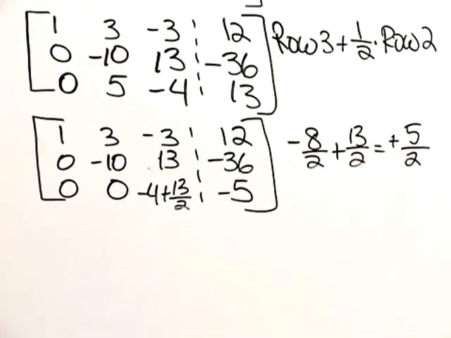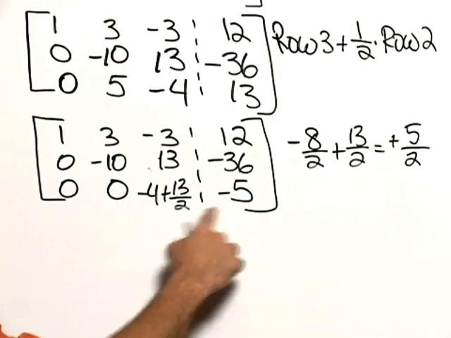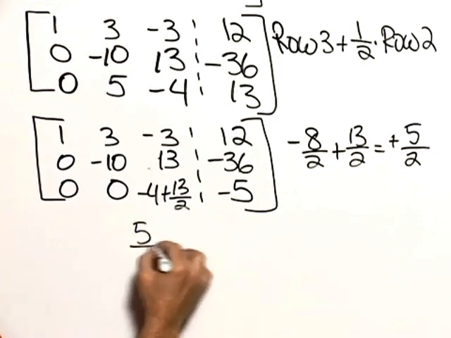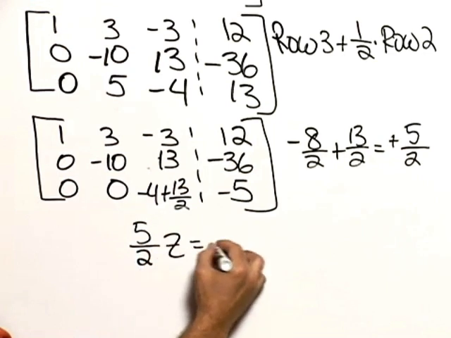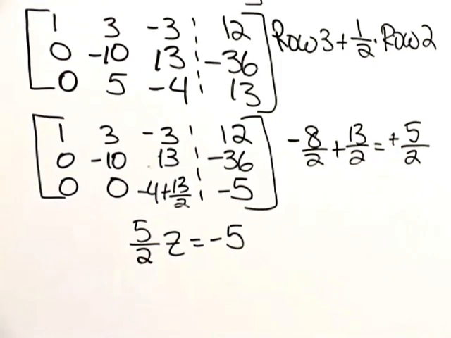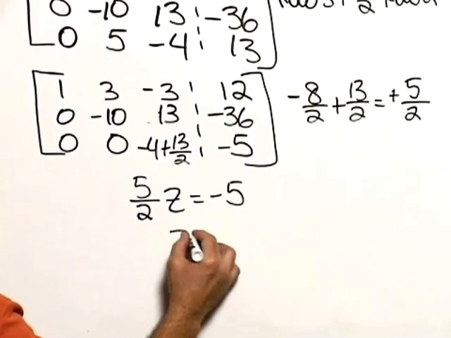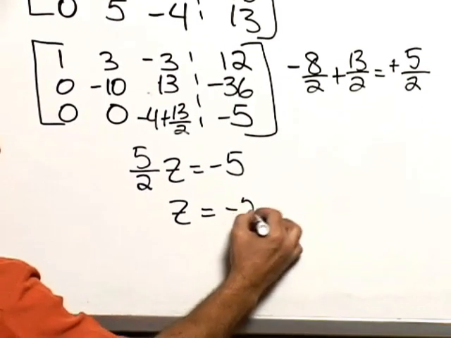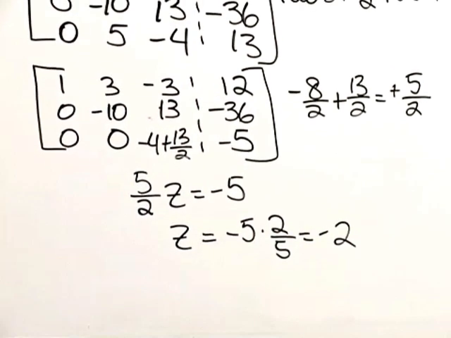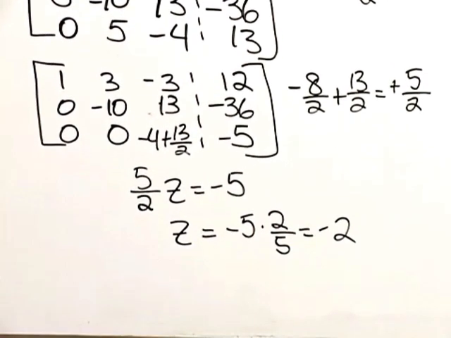So now what we have is the equation from this row 3: 5 halves z equals -5. Multiplying both sides by the reciprocal of 5 halves, which is 2/5, gives us a value of z: -5 times 2/5 equals -2. That's the value for z.